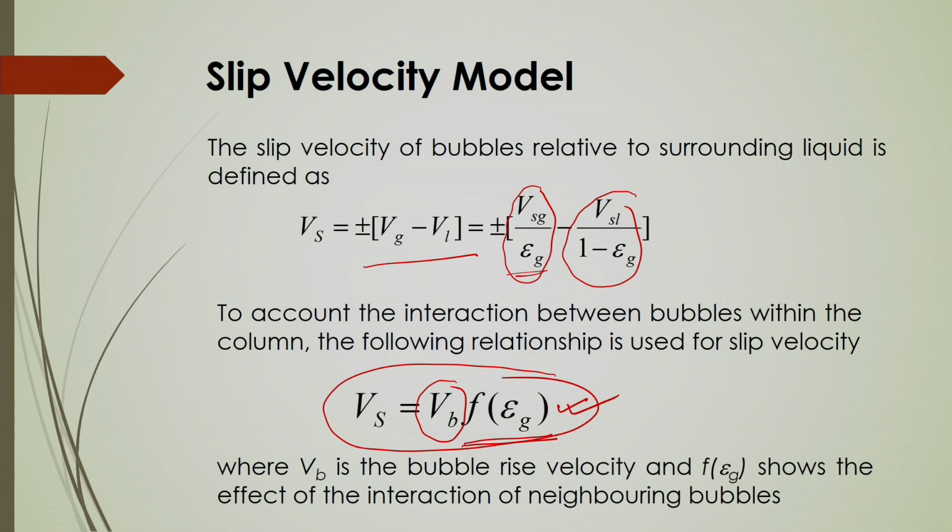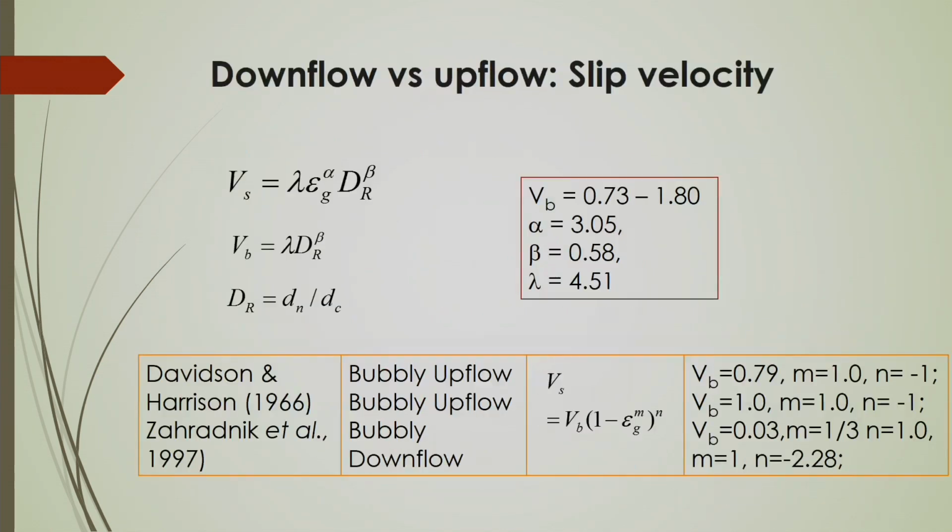Either way, if you know the slip velocity from the experiment, from the actual velocity of gas and liquid, then you can directly relate it with a certain gas hold up function. That gas hold up function may be in a straight line form or some other nonlinear equation. There are several functions for the gas hold up.